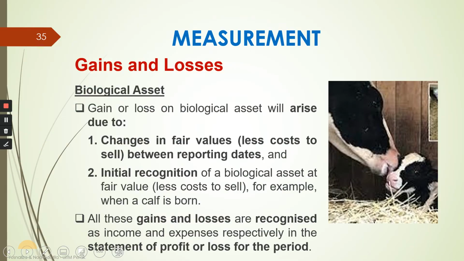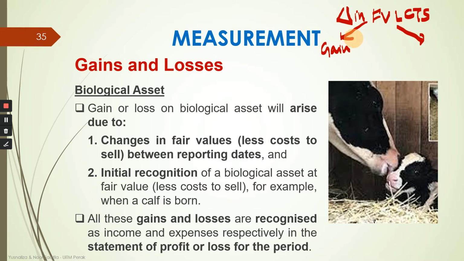Next, the measurement. Just now we talked about gain or loss, and that was due to the changes in fair value less cost to sell. So you may have a gain or a loss, if you compare the fair value as at the beginning versus the fair value as at the end.